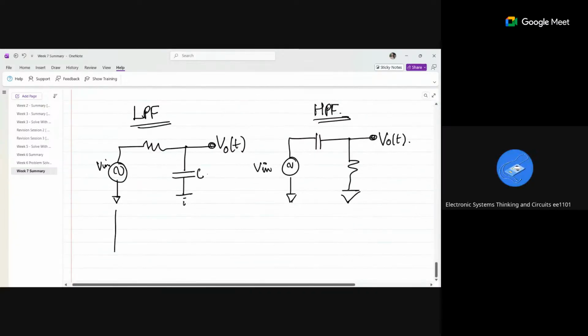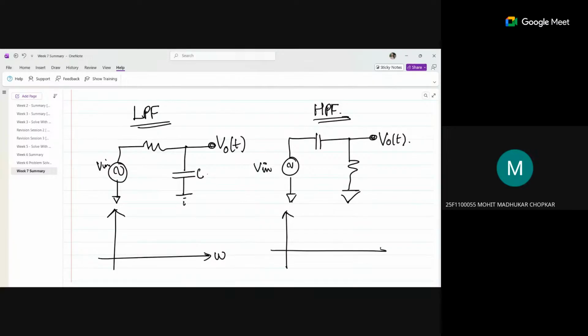This diagram is easy to understand what we are talking about, because when we take one diagram to explain both, it will be confusing. And what is the difference in both these? How does V naught of T tell which one is low pass, which one is high pass?